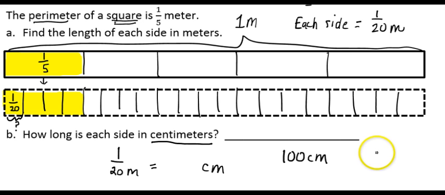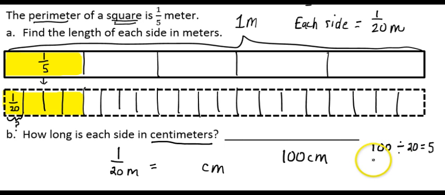I can use my multiplication facts here. I know that 100 divided by 20 equals 5. And the reason I know that is I'm relating it to money. I know that it takes 20 nickels to make $1. So that's how I'm coming up with my answer.